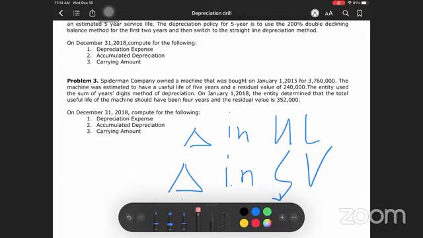Uy, wala gyapon. Kinsay mo-answer, hatagan nako og plus point sa exam.